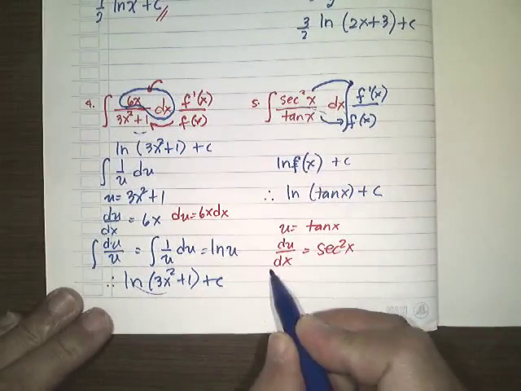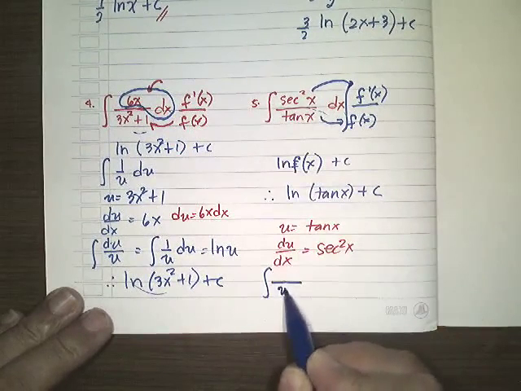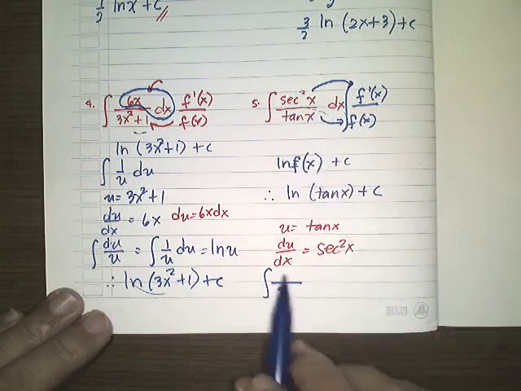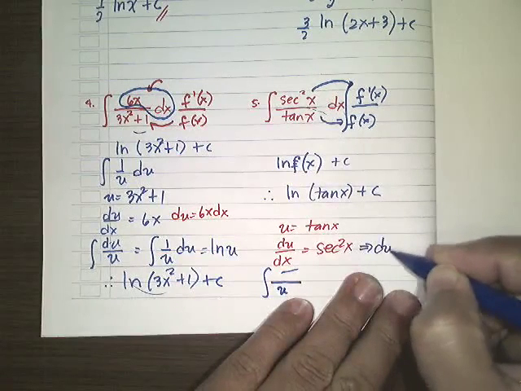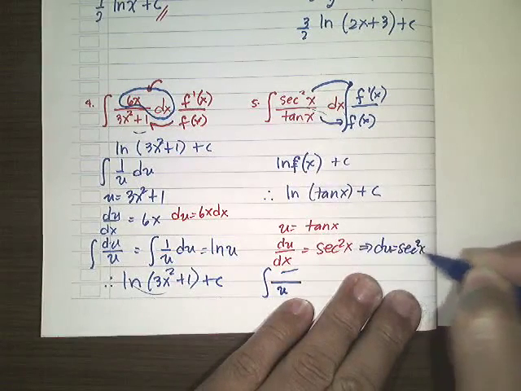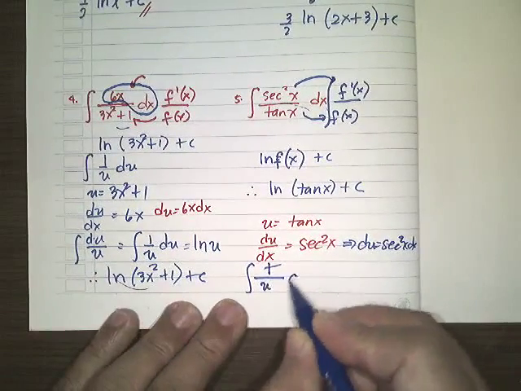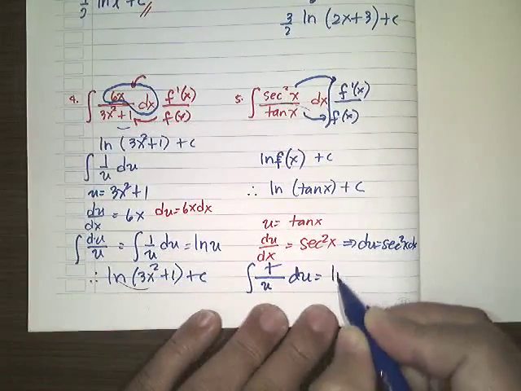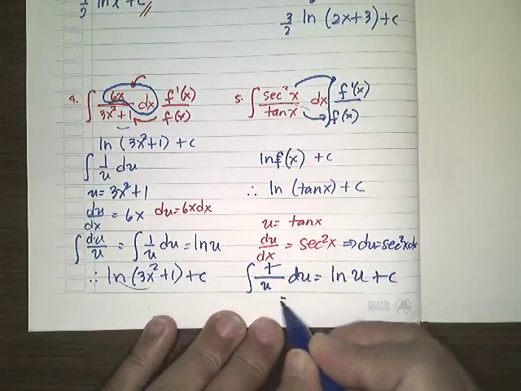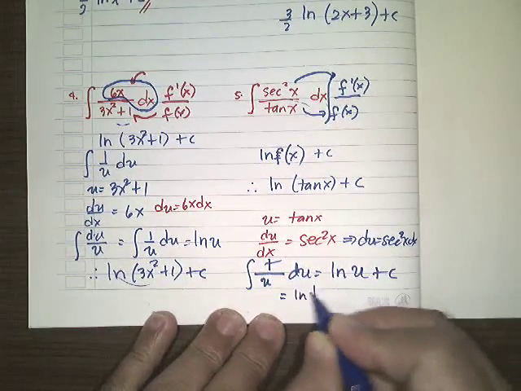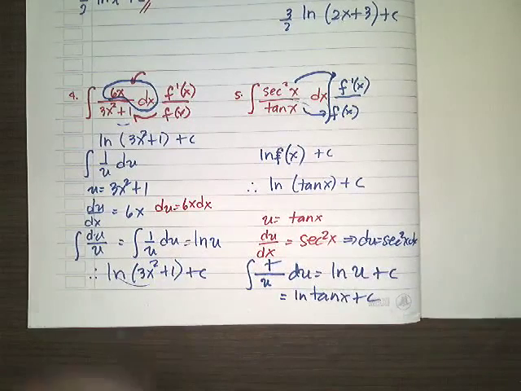By substitution, this is going to be u, and from here we can see that du is equal to secant squared x dx. So this is now the integral of 1 over u du, which is equal to ln u plus c. But your u is tangent x, so the final answer is ln of tangent x plus c. So there you go.